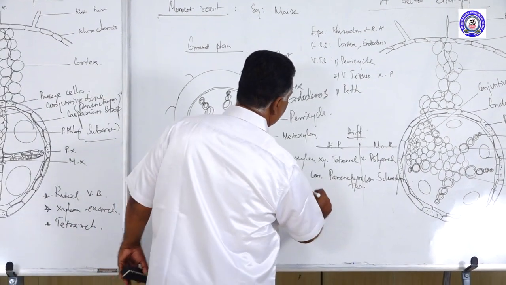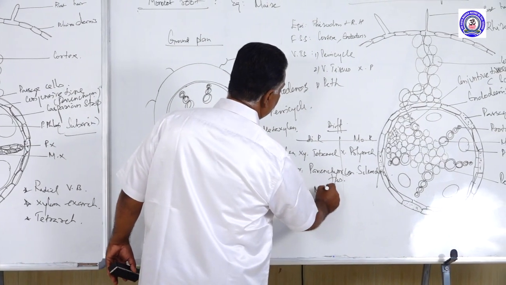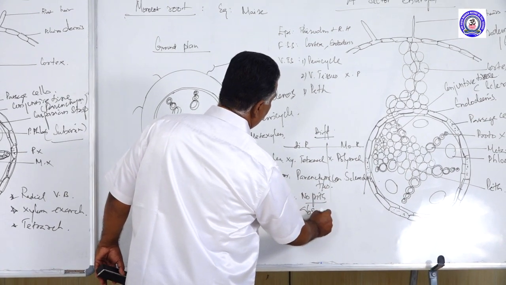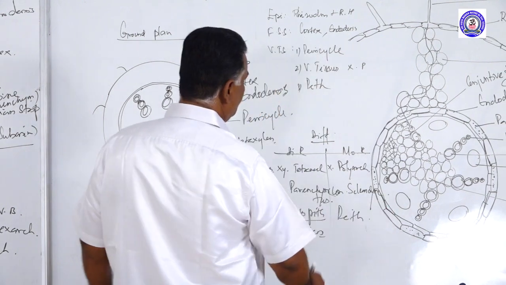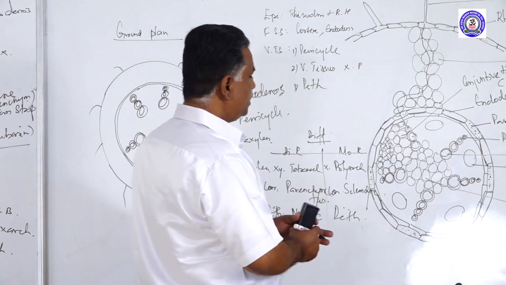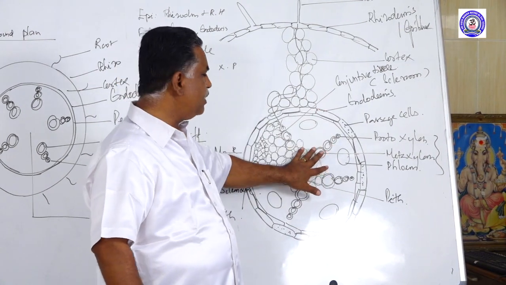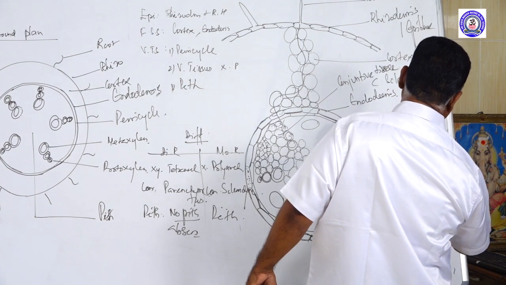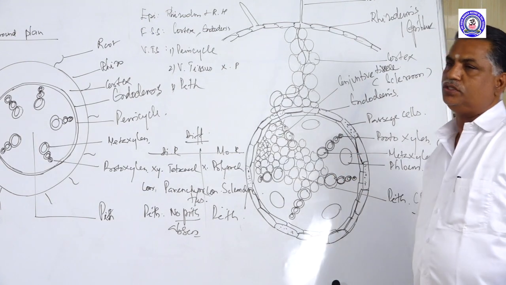And pith: in dicot, no pith, or we can say absent. And here we have pith. An extensive pith is present at the center, generally made up of parenchyma cells, and so its function is storage.